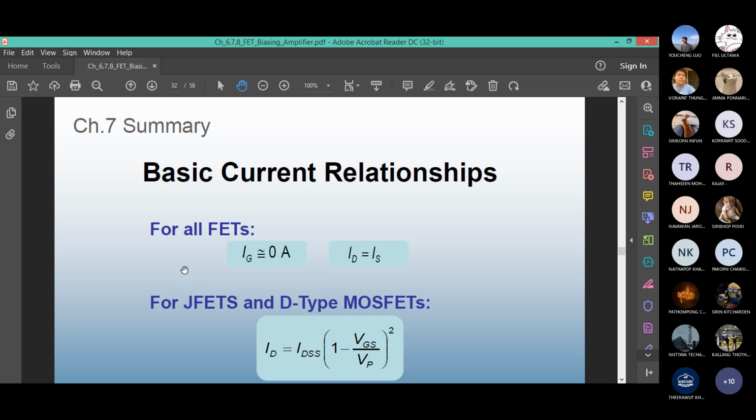Just like BJT has some basic equations, the JFET also has basic current relationships. What is collector current for BJT? IC equals what? What's the equation? Do you remember the equation for BJT?